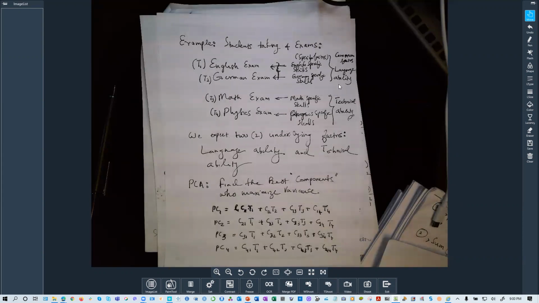Even within the language ability, some person is really good in English, some person is not good in English but good in another way, or the other way around. So these are specific factors. These are common factors. Specifically, he is really good in English specific skills, German specific skills. There's another common factor, technical ability. Even within that one, some people are really good in math, some really good in physics, some really good in both. Doesn't matter. We expect two underlying factors, language ability and technical ability.